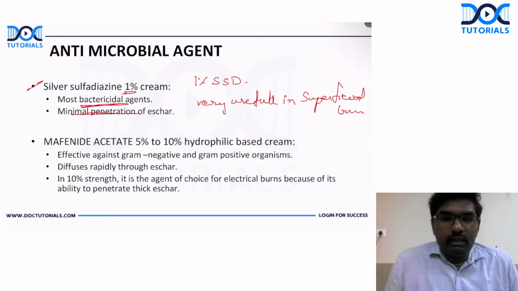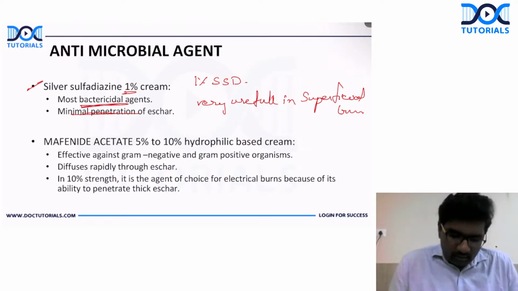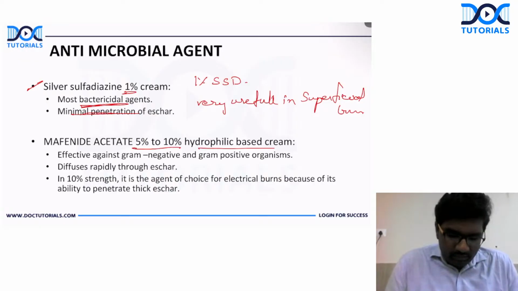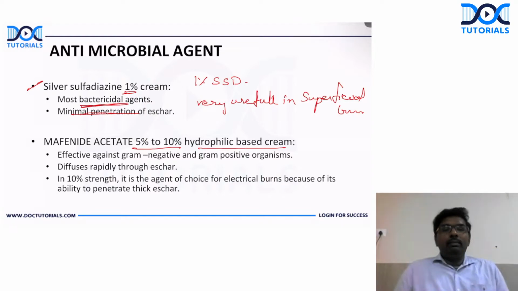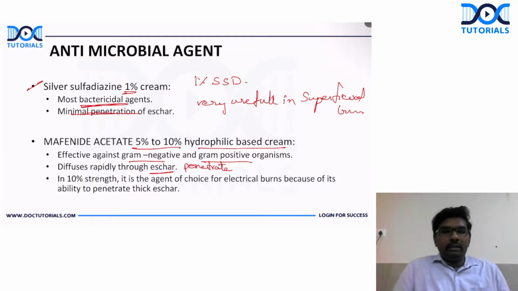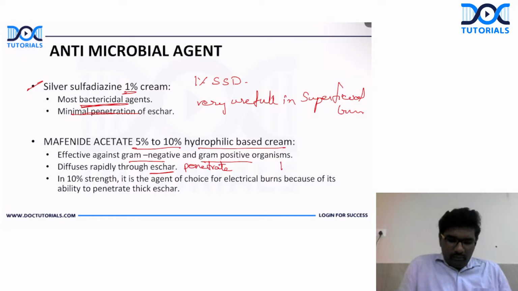Now coming to the next drug, that is mafenide acetate. Either 5% or 10% can be used. This is a hydrophilic based cream, and it is very effective against gram-negative and gram-positive organisms. It diffuses rapidly through the eschar, so it will be very useful in case of deep burns.